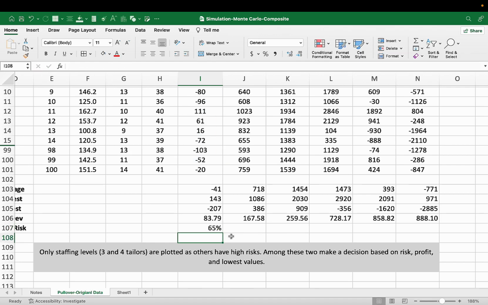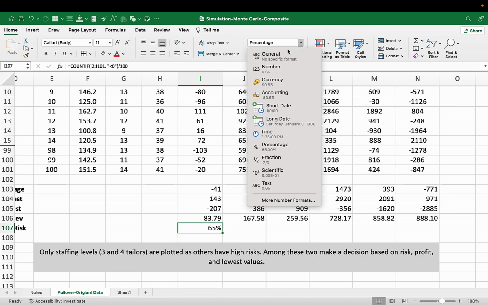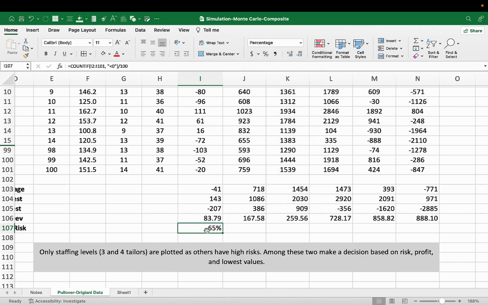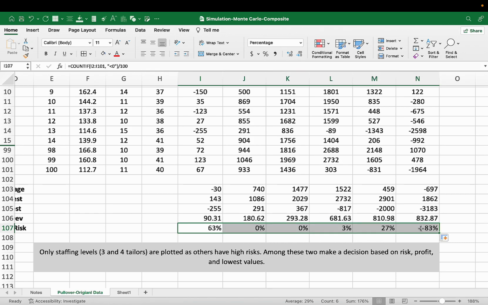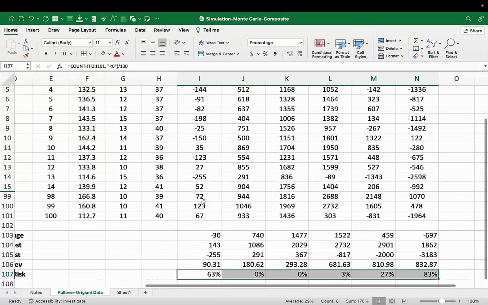If I hit enter, it gives me 65%, and if it does not give you a percentage, you can change it from here. So it says that in this case our risk of loss is 65%, and then I'm going to drag it sideways, and here we have everything.